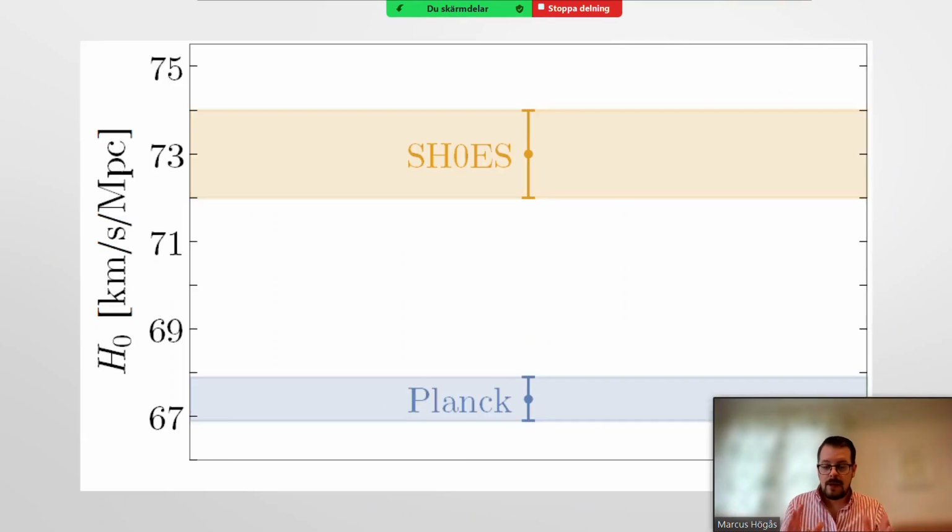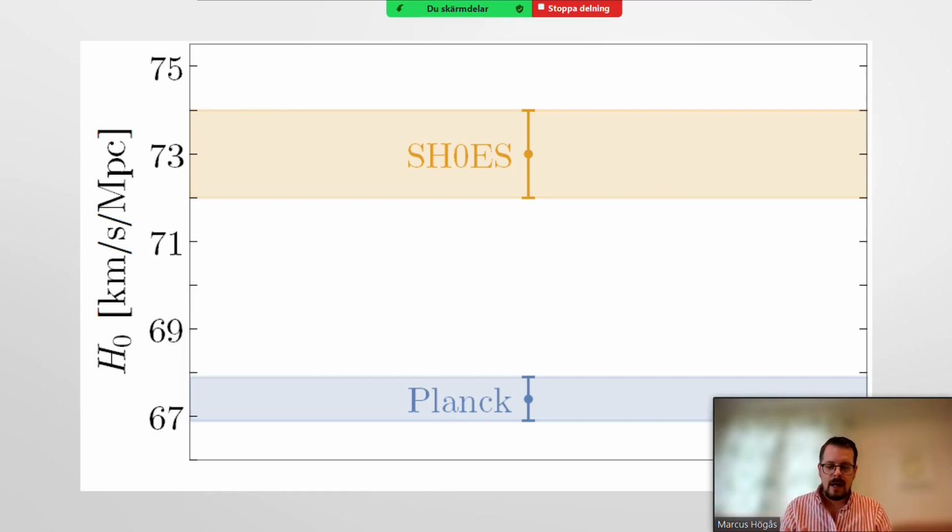Okay, but before we go into that, let me just give you a very brief recap of the Hubble tension. So what is the Hubble tension? Well, as probably most of you know, there are different ways to estimate the Hubble constant H0, that is the expansion rate of the universe. And the problem is that some of these estimates do not agree, right?